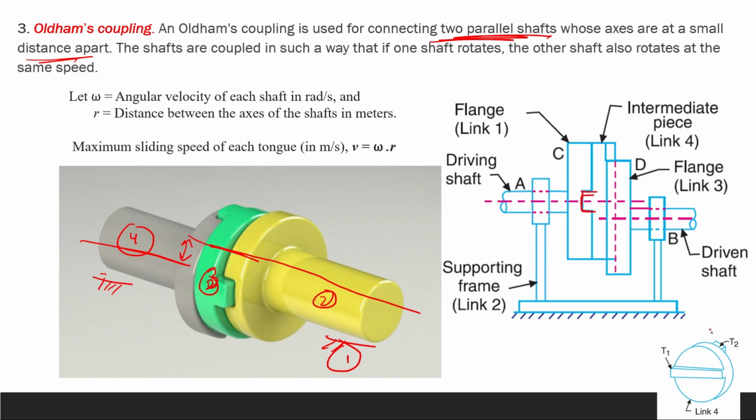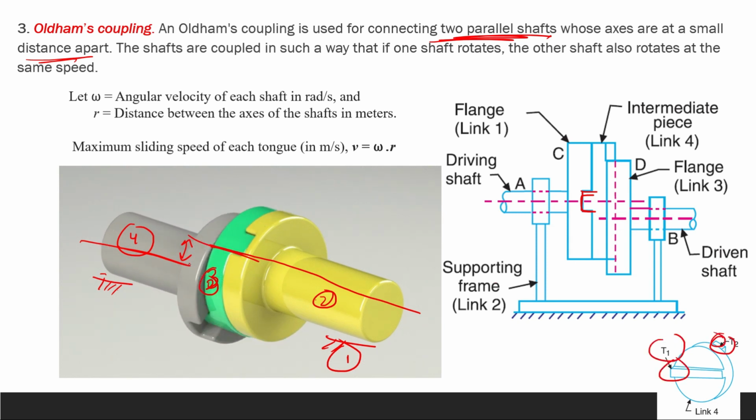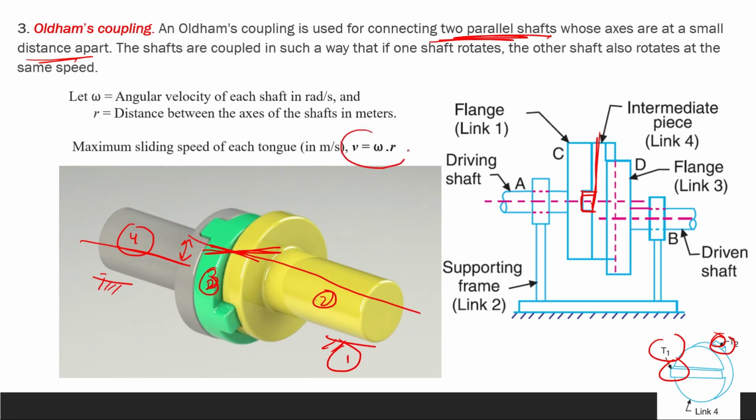Okay, there are two projections, this and this. They are called tongues. So here you can see the green color link is just sliding like this, in this direction. So the velocity of sliding is omega into r, where omega is the angular velocity of each shaft, and r is the distance between the axes of the shafts in meters. So this distance is called r.